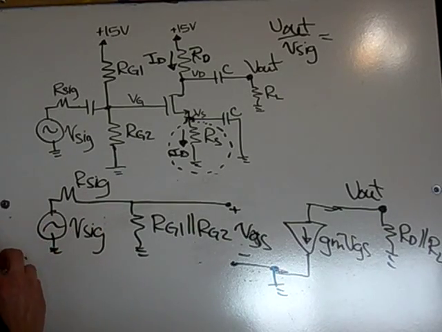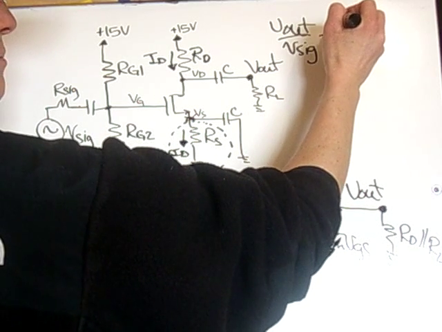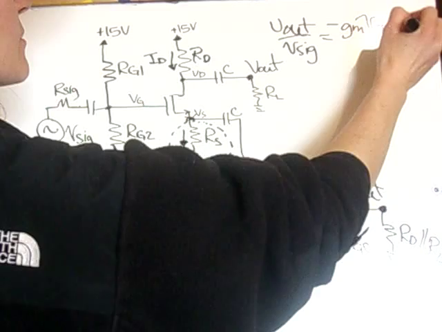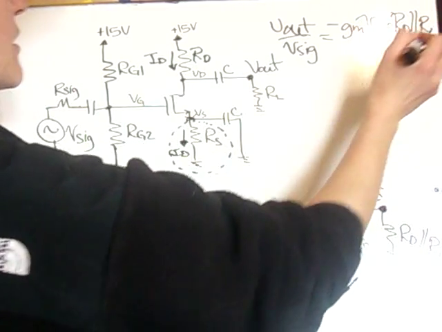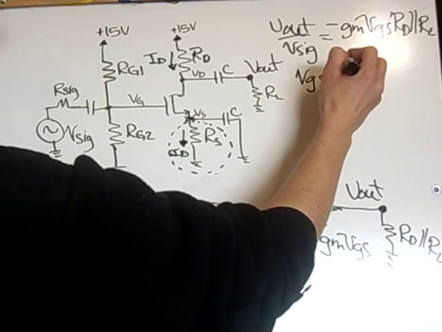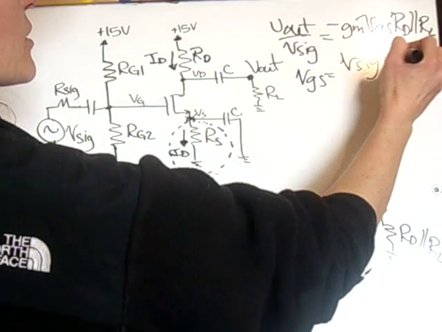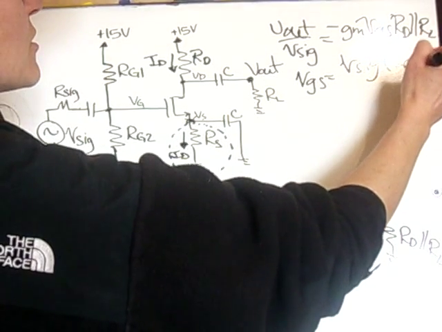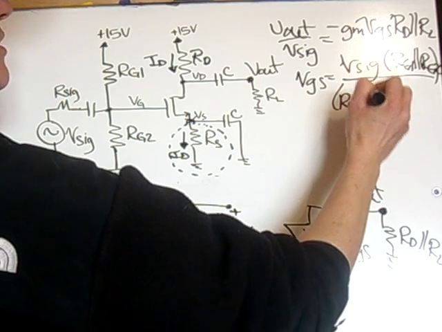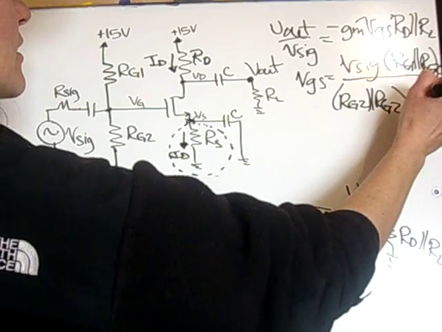So I get minus gm VGS times RD in parallel with RL, and then VGS is V sig times RG1 in parallel with RG2, all over the summation of those two plus the R sig.